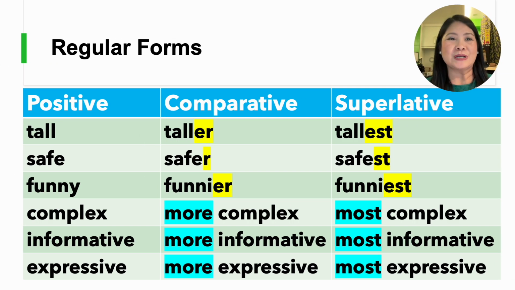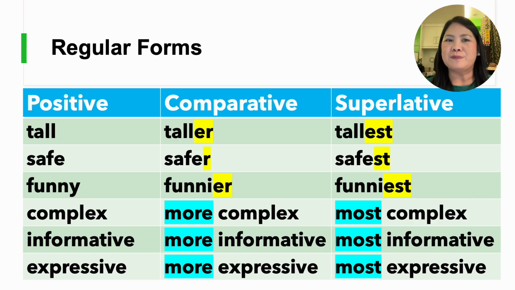Now let's take a look at the forms. Basically we have regular forms and we also have irregular forms. Regular forms have these combinations: "er" and "est", more and most. Certainly if it is regular, it is predictable.